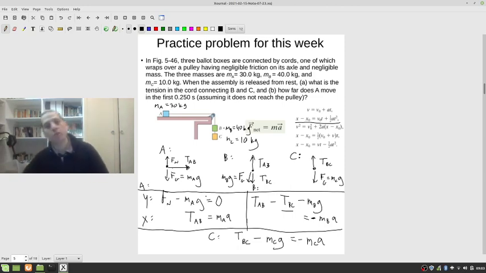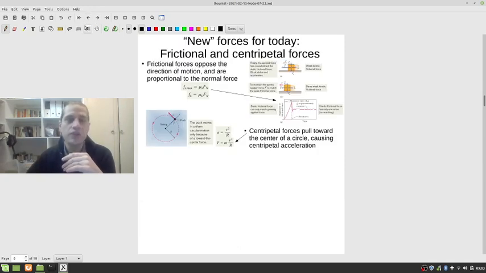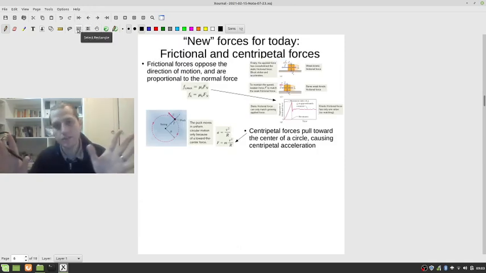That's a little bit more of a challenging problem, but I think it is worthwhile to put all these things together to use all of our tools. So that's basically the upshot of last week, that we can use F equals ma in all sorts of fancy ways to connect the motion of particles, the acceleration of particles, to the forces on them.